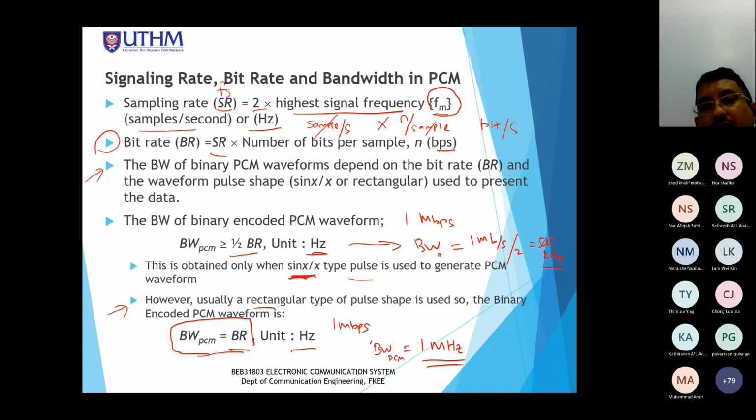So we can write this: the previous bandwidth is the bandwidth minimum. As I mentioned, normally the bandwidth for the PCM is equal to the bit rate. So this is the equation that we normally use for the bandwidth of PCM.